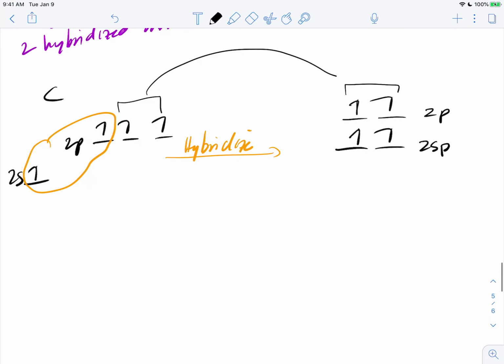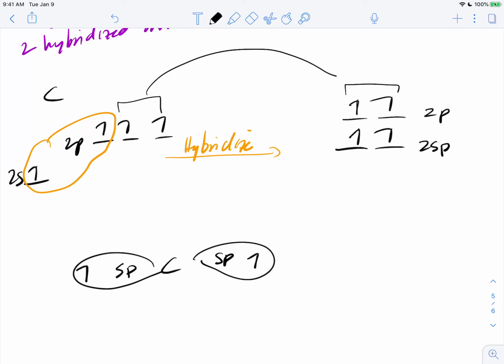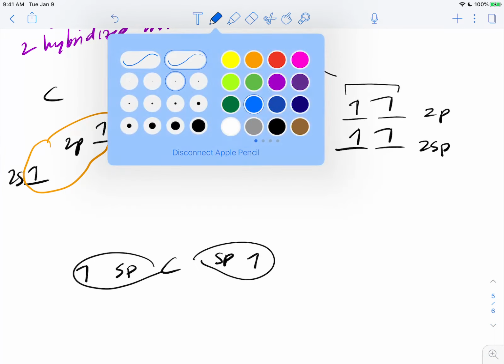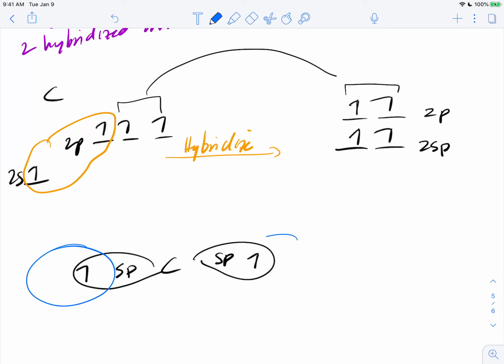And as you'd imagine, if we look at our carbon, we're going to have those two hybrid orbitals. This is our sp, sp. And now our hydrogens come in on either side. This is our hydrogen 1s, hydrogen 1s.